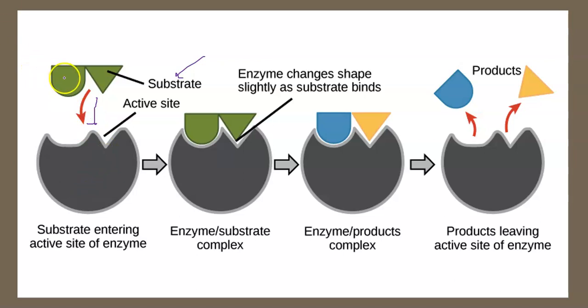So if this substrate did not fit the shape of this active site, it'd be like, nah, you're not welcome here. When that substrate binds to the active site of the enzyme, it will make it a little bit more comfortable, right? We talked about this in class, how when you're more comfortable, you will get more work done, hopefully. So when this enzyme makes this substrate comfortable, a chemical reaction can occur.